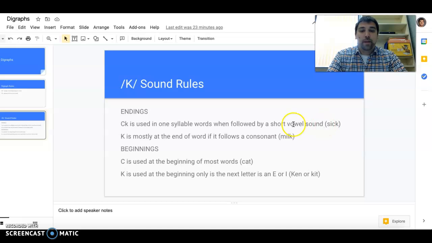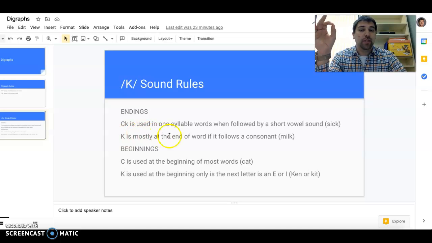All right. So that is when you're going to see CK at the end of a word when there's a short vowel in front of it. And that could be A, I, O, U, or E that goes in front. So remember that. If it's not a CK, it would be a K just by itself.